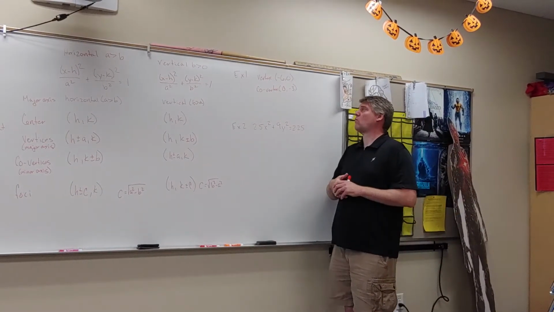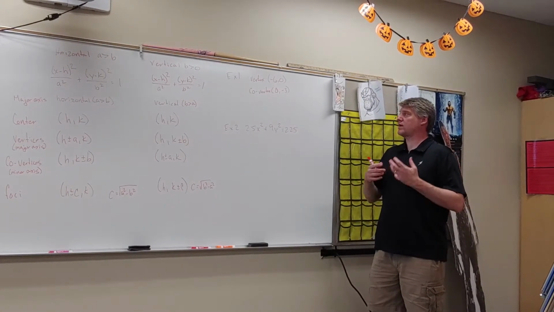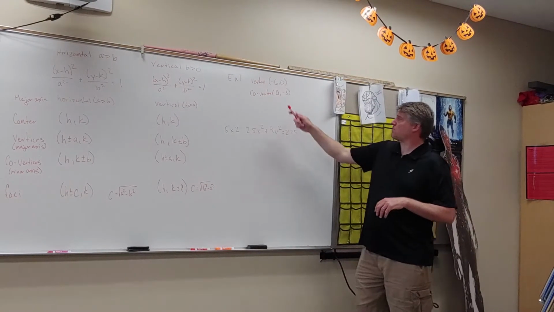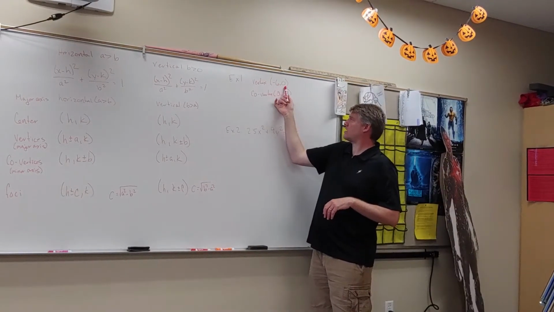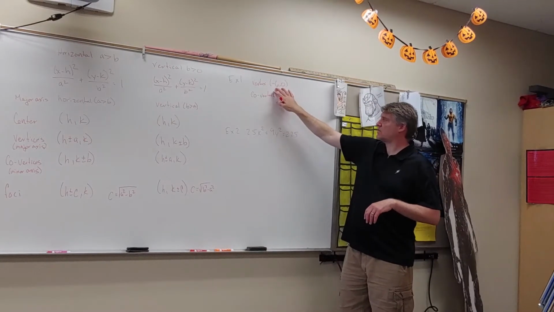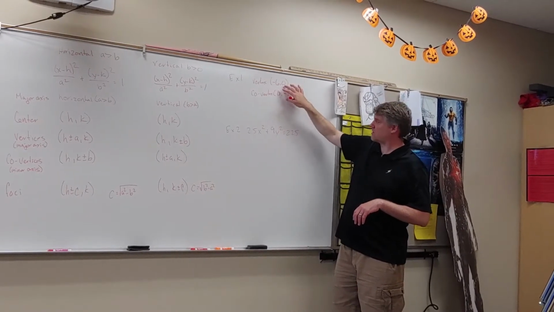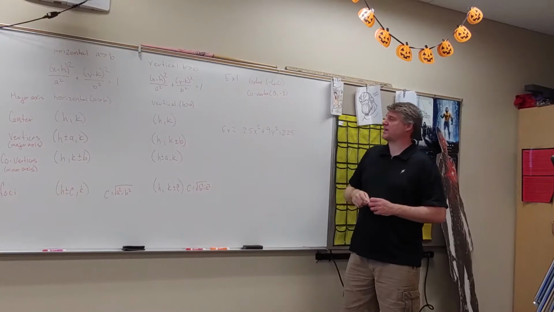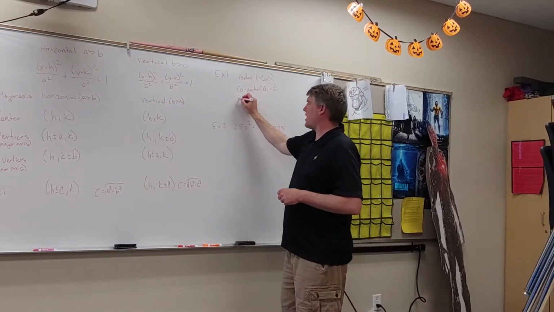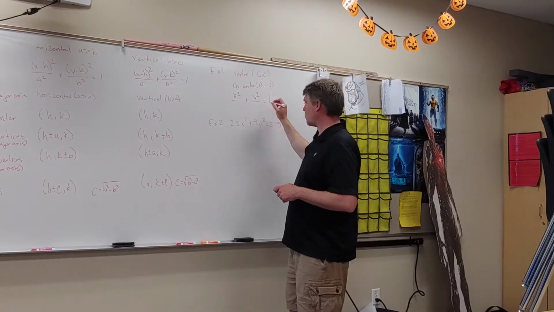So here is example 1. They give us a vertex and a co-vertex, and they want us to find the equation. Okay? So if my vertex is negative 6, 0, and my co-vertex is 0, negative 3, notice I have a 0 and a 0, so my center is actually 0, 0. The nice thing is that's going to give me x squared over something plus y squared over something equals 1.